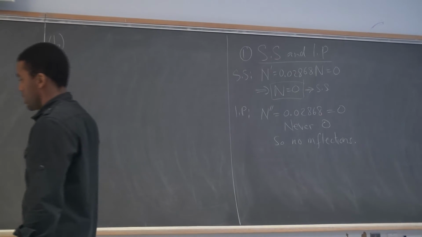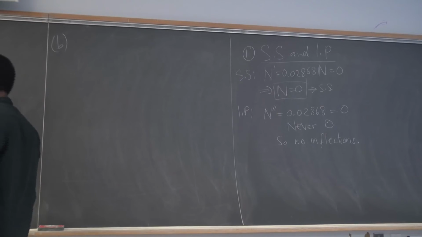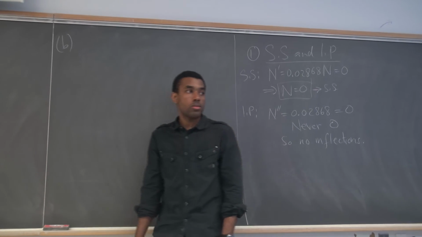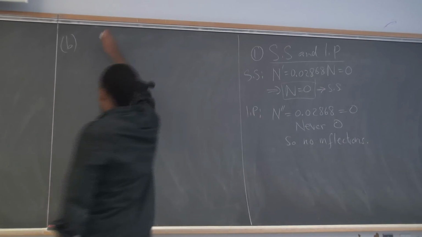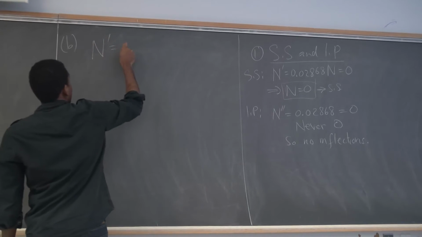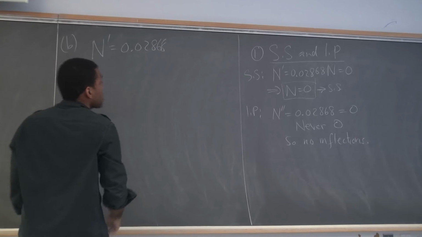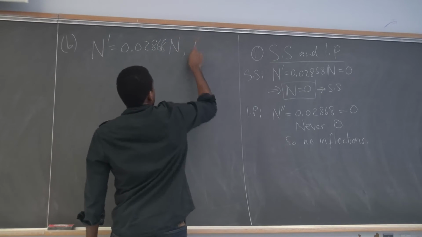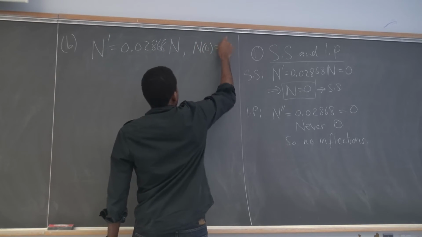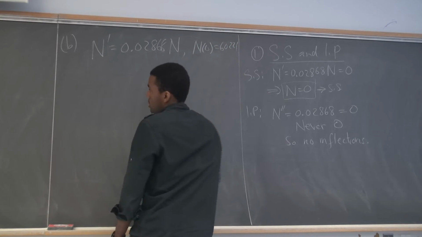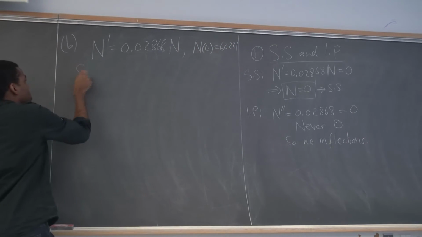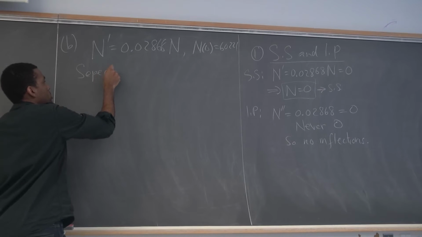How do I find the exact one? Separation of variables. We have n prime is equal to 0.02868 n. We're given that n of 0 is 60221. So I can use separation of variables to get to an exact one.